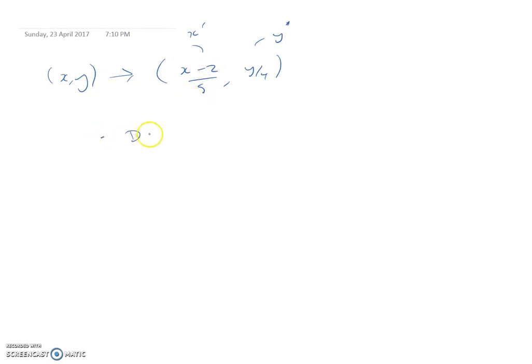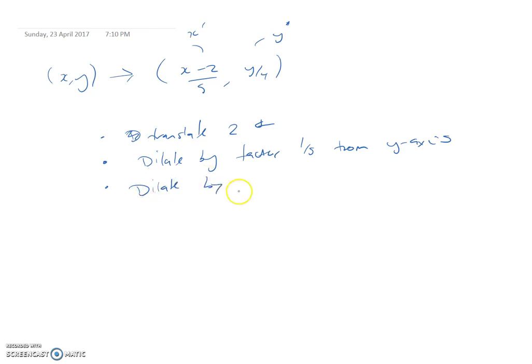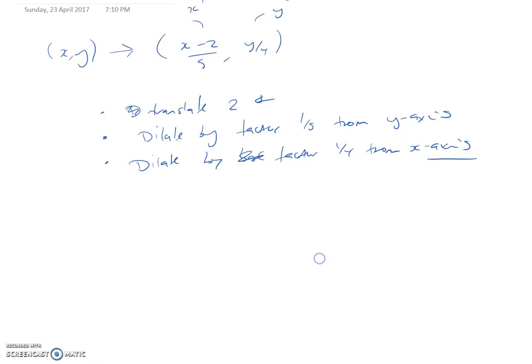So translate 2 to the left, and then dilate by a factor of a fifth from the y-axis, and then the other one is dilation by a factor of a quarter from the x-axis. So that's an alternative way of writing it.